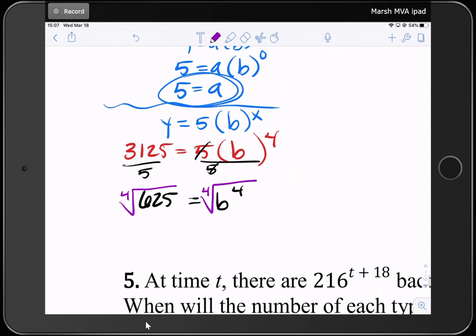Or you could say it's 625 to the 1/4 exponent. Same thing. So my b then is going to be, I'm going to do it as an exponent because I'm on a smaller calculator, 625 raised to the 1 divided by 4. Make sure it's all in the exponent.